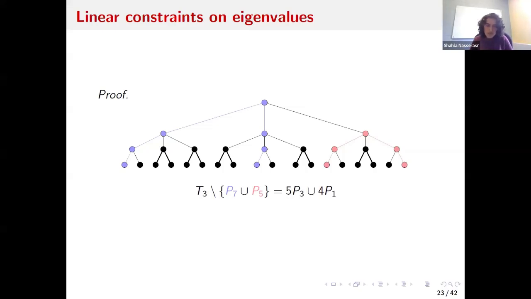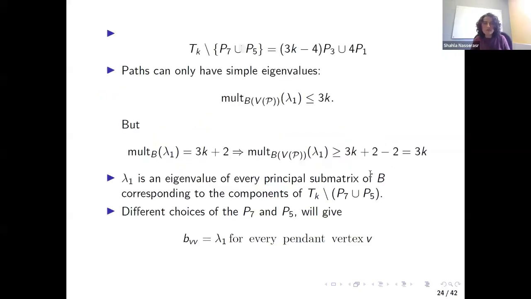We are deleting those blue and red vertices to obtain 5 paths on 3 vertices and 4 paths on 1 vertex, all of them colored black. And in general, if I do that for T_k and delete P7 and P5, then we obtain 3k-4 P3s and 4 P1s.